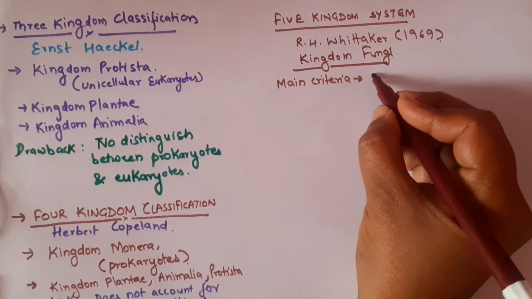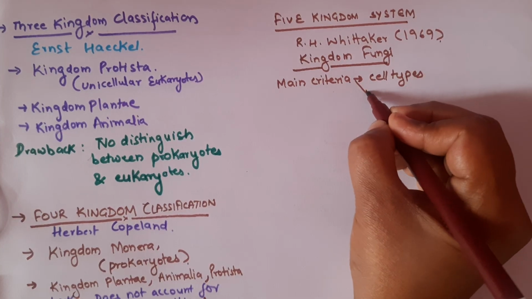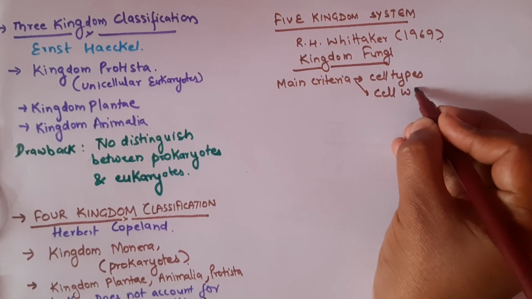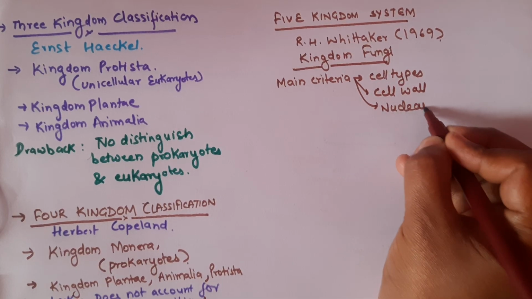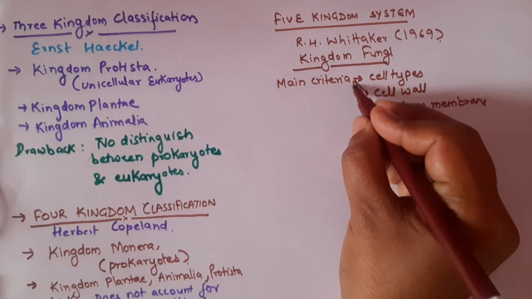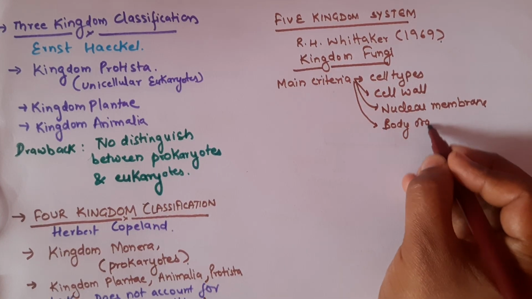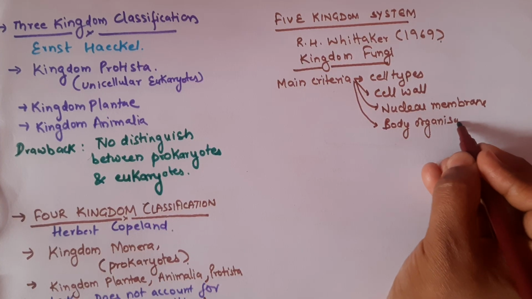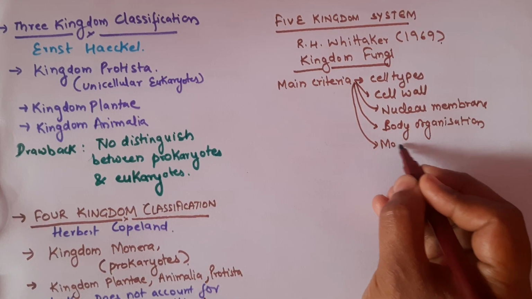The main criteria include cell type, cell wall, nuclear membrane, body organization, and the mode of nutrition.